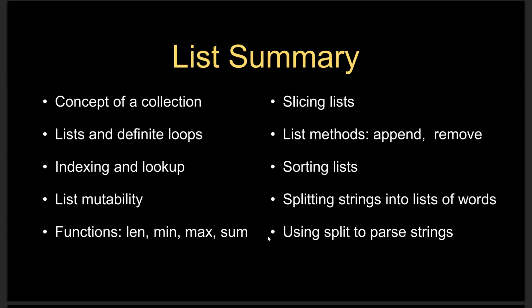We saw list slicing and some list methods like append and remove, and we saw sorted lists. We saw splitting strings into lists of words, how we split strings into different words. Next, we saw how to do parsing on strings by using split.